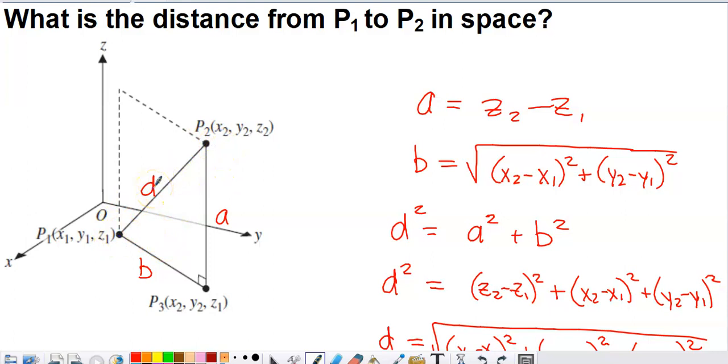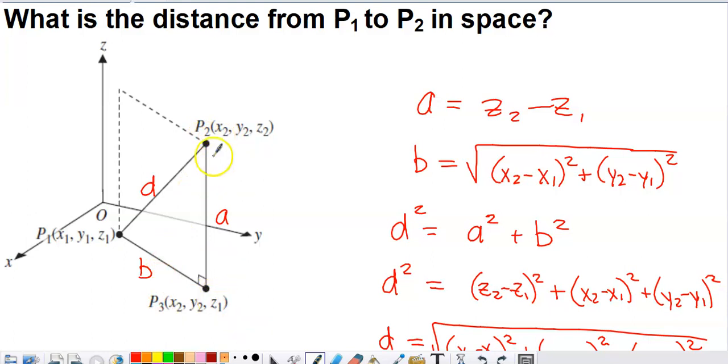So what is d? What is going to make this manageable for us is if we actually include a third point. So notice how this third point is arrived at. The x coordinate and the y coordinate of point 3 are the same as the x coordinate and the y coordinate of point 2. The only thing that's changed between point 2 and point 3 is the z coordinate.